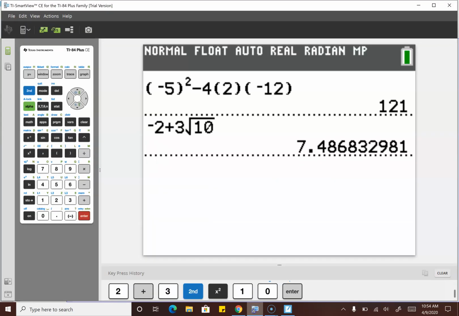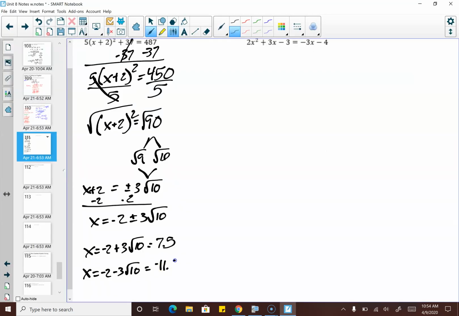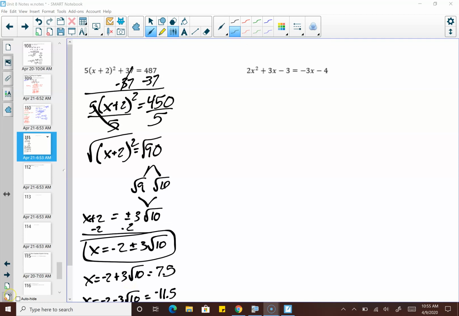And then if we did the same thing here, -2 minus 3 radical 10, we get -11.5. All right. So I just wanted to show you, you can keep your answers here in simplest radical form, but I just wanted to show you the rounding piece that goes along with it.